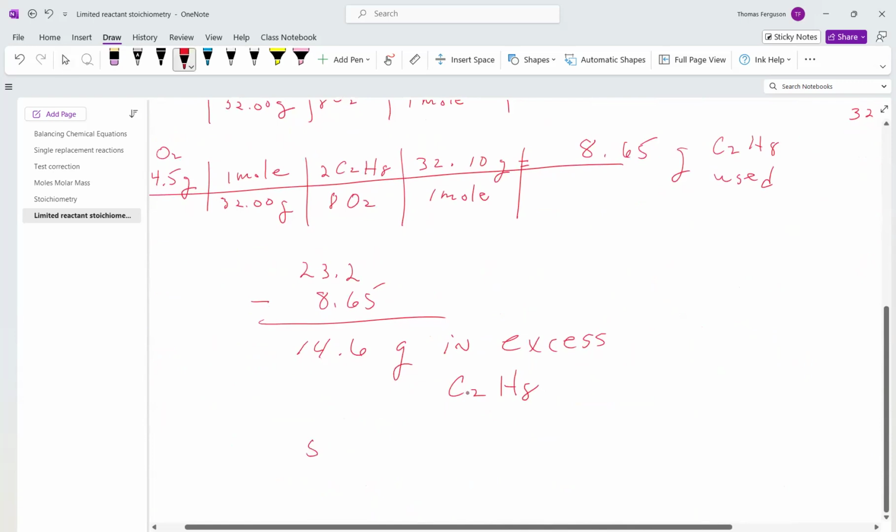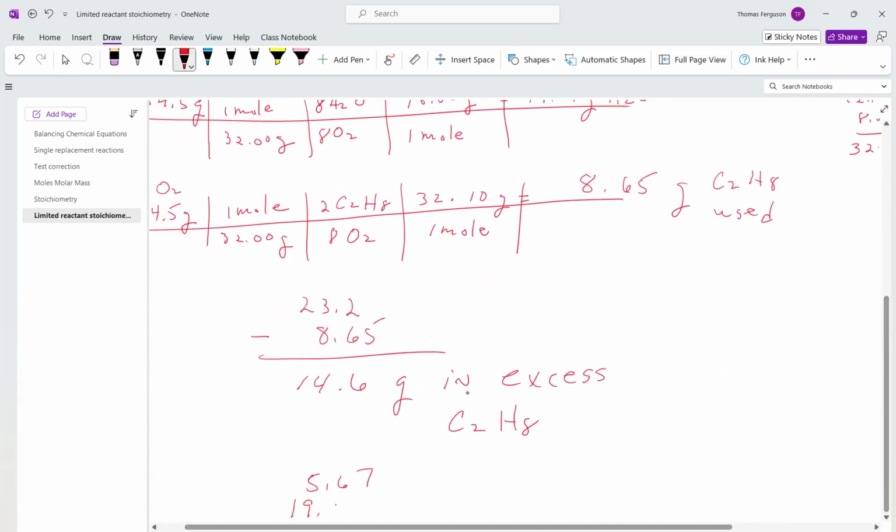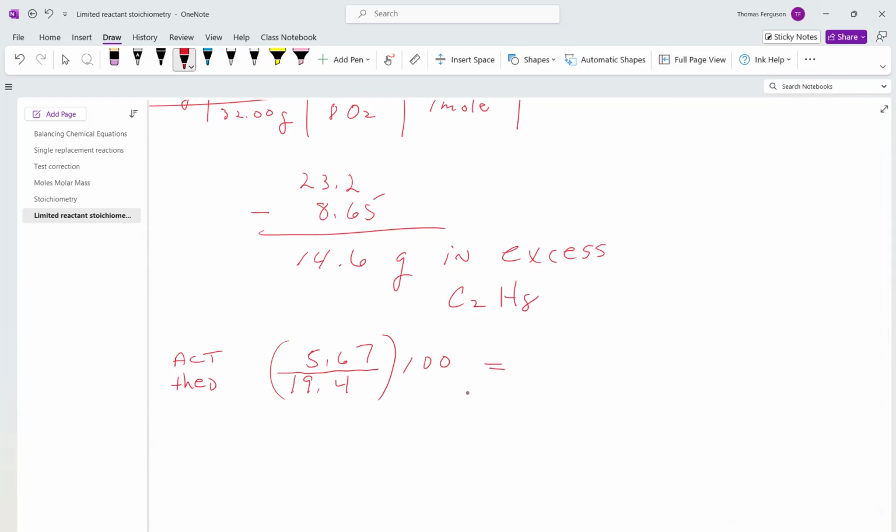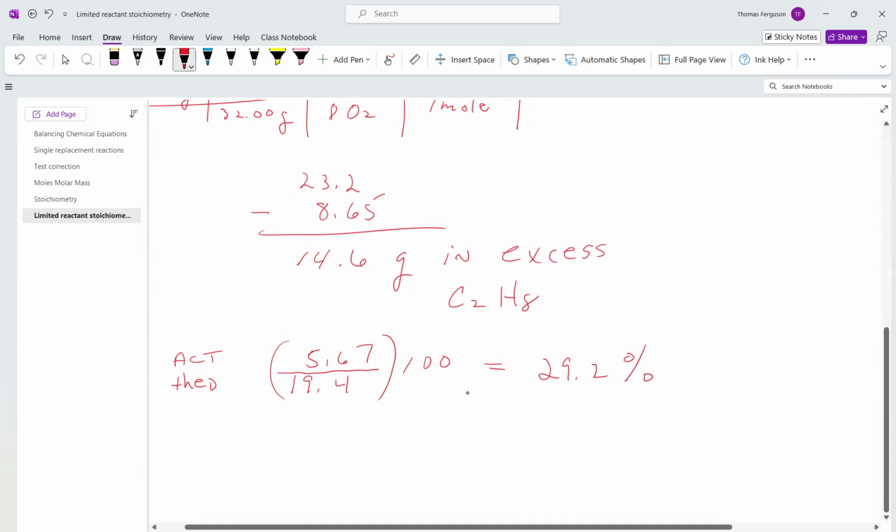So it's going to be 567 over 19.4. We're looking at 29% yield. Now, I just made those numbers up.